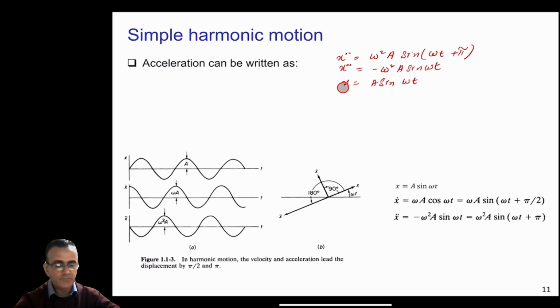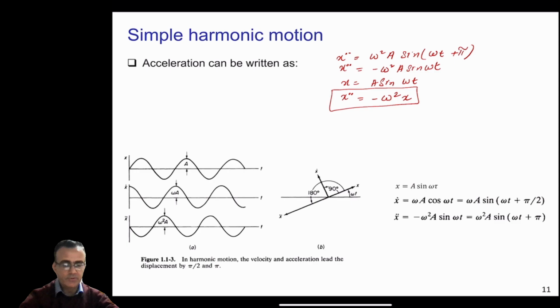So if we just replace this a sine omega t, x double dot will become equal to minus omega square x. So we get this equation here.